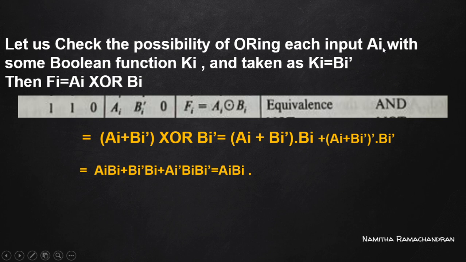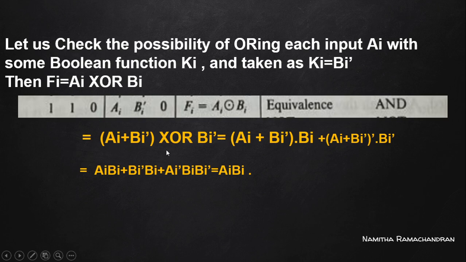Instead of applying Ai along to the Xi input, substitute another term. That is, instead of substituting this Ai along to Xi, substitute Ai plus Bi complement. So, by substituting this input, Xi becomes Ai plus Bi complement and Yi becomes Bi complement itself.